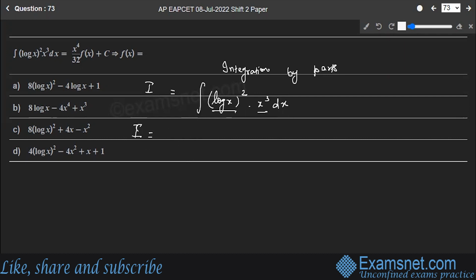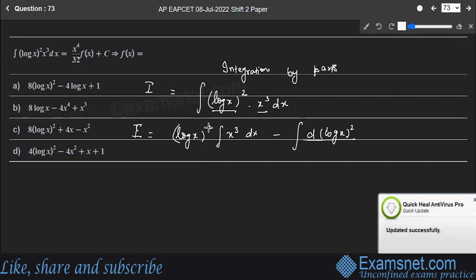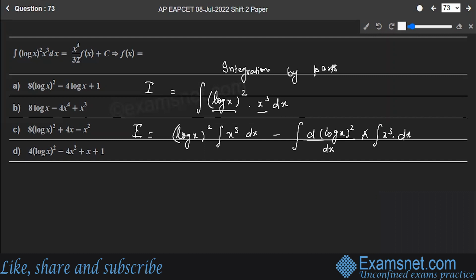You can write it as first function into integral of second, minus integral of derivative of the first function multiplied by integral of the second function, right? So this is whole dx again, right?